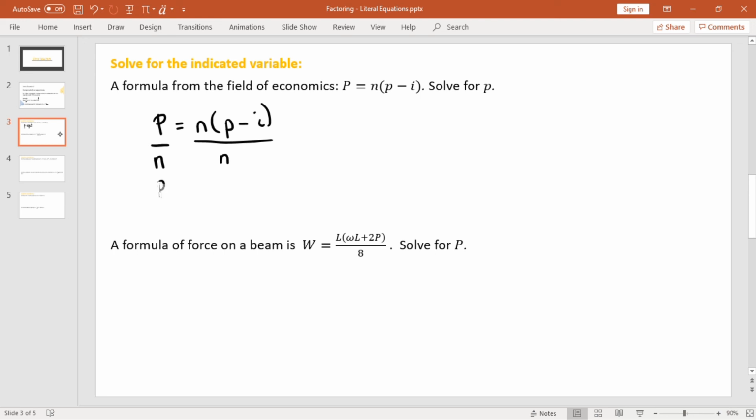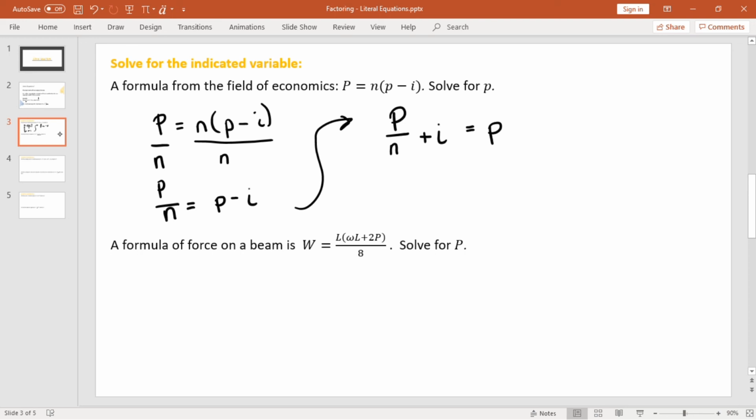And I'm at big P over n equals little p minus I. I'm going to send I to the left side, and I'm going to have big P over n plus I equals little p. And there you are, isolated little p.